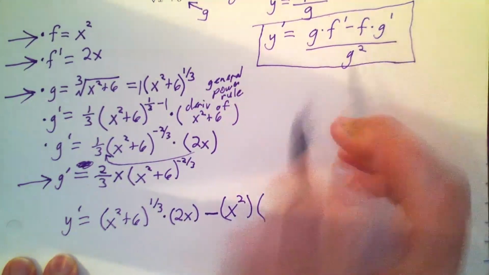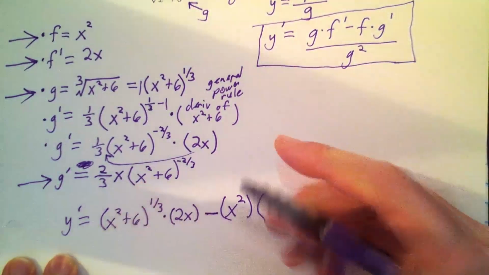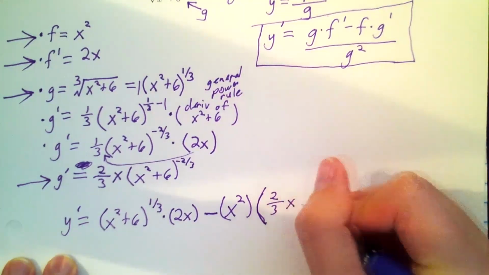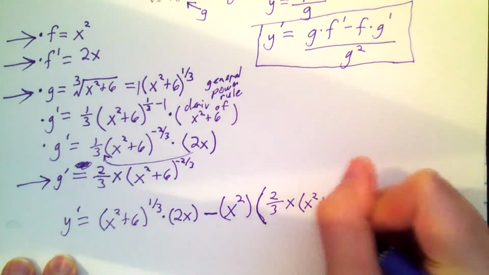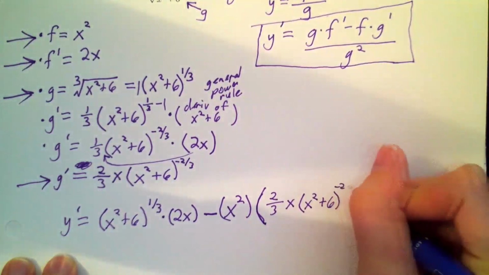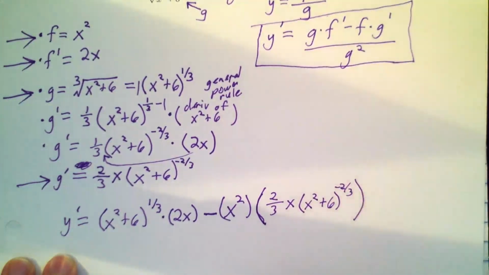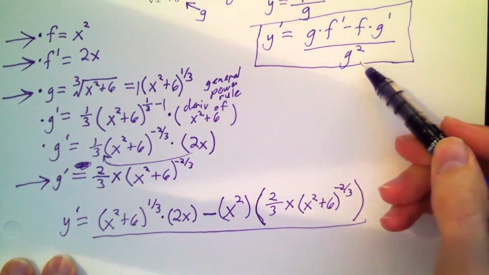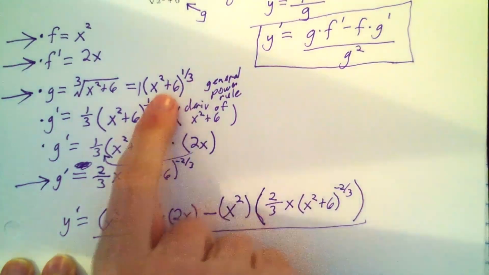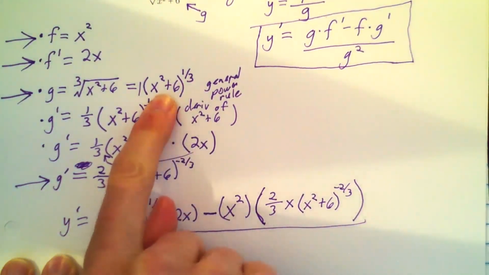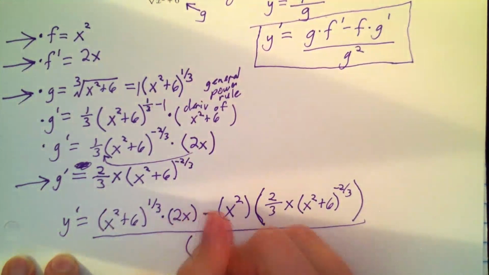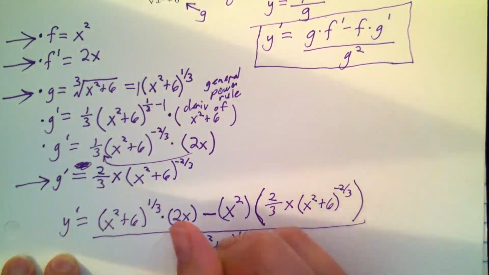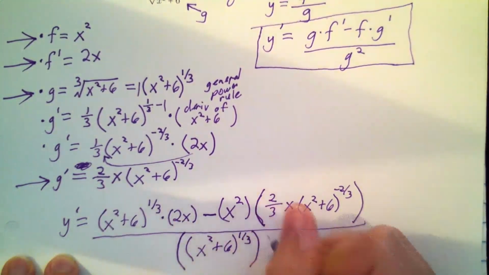Now g prime is that ugly thing. So I'm going to use big parentheses here. 2/3 x times x squared plus 6 to the minus 2/3. And then all of this is divided by the square of g. So if that's g, I'm going to square that in the denominator here. So I have x squared plus 6 to the 1/3, and that gets squared.